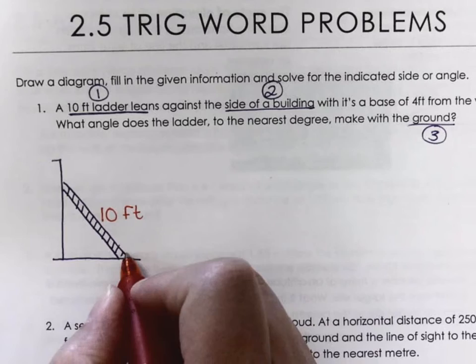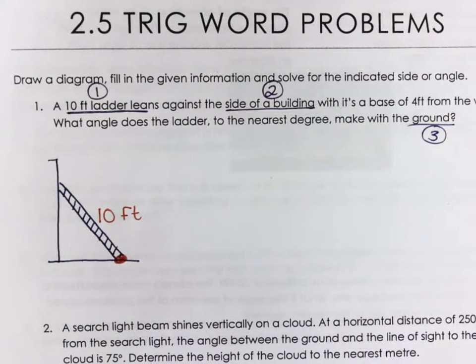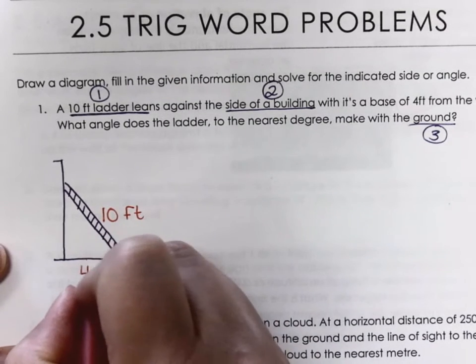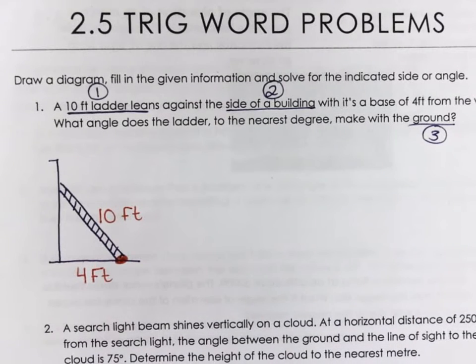Horizontal, because this is the base, right? That's the base of the ladder, and it's the base that's 4 meters, or 4 feet, sorry, away from the wall. So this is 4 feet right there. So you kind of have to dissect what the question's asking, and you know it's always going to be on a right angle. So we know that we have the vertical, horizontal, and then the slanted side.